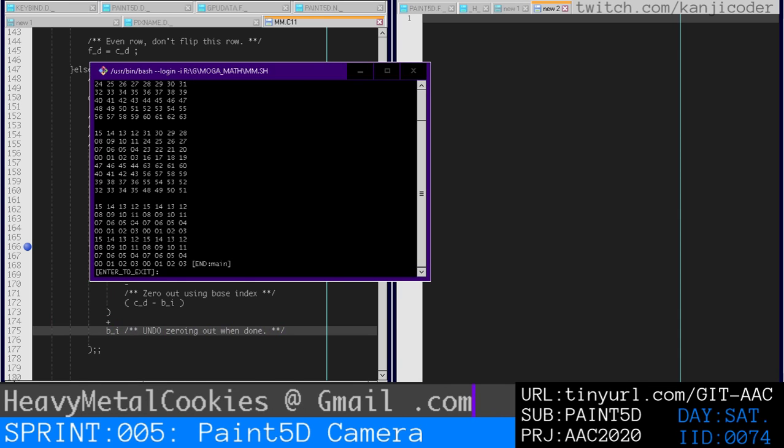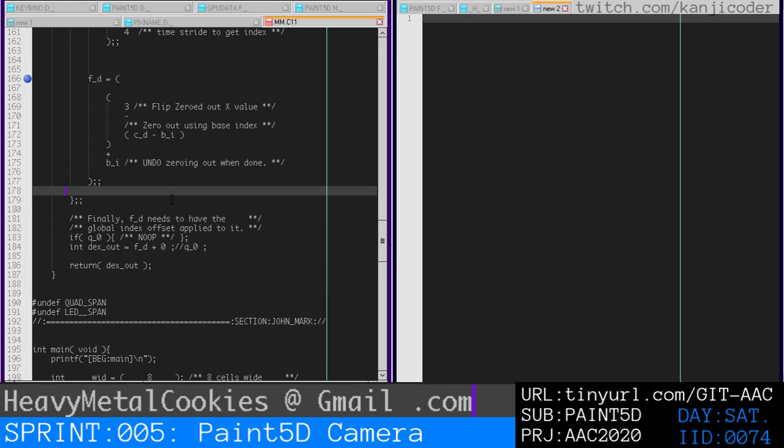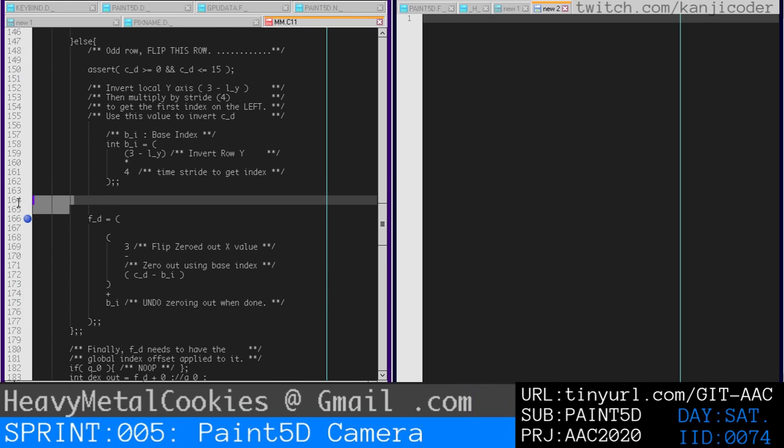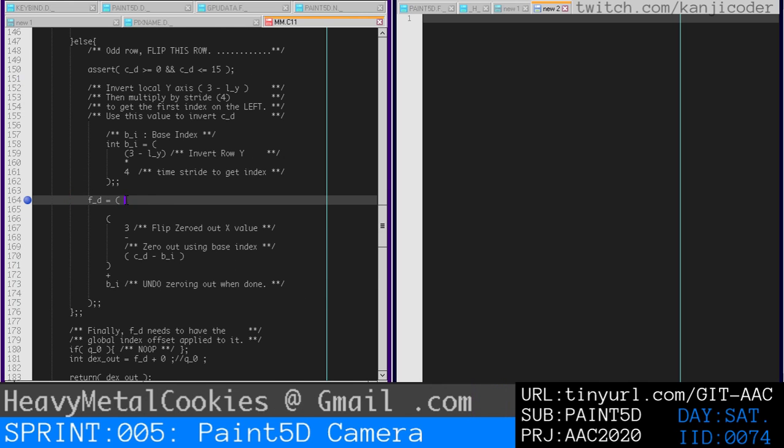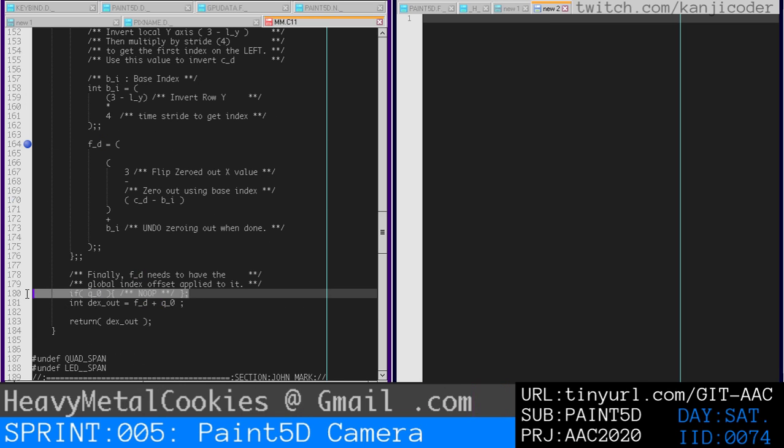So now, I think we're good. 12, 8, 9, 10, 11, 7, 6, 5, 4, 0, 1, 2, 3, etc. Now these numbers aren't quite right yet, but all we gotta do for these is add the proper offsets, right? So now let's nuke all of this away. So this Q0, we can just plus Q0 here. And hopefully we can just get rid of the no-op and we'll be good.